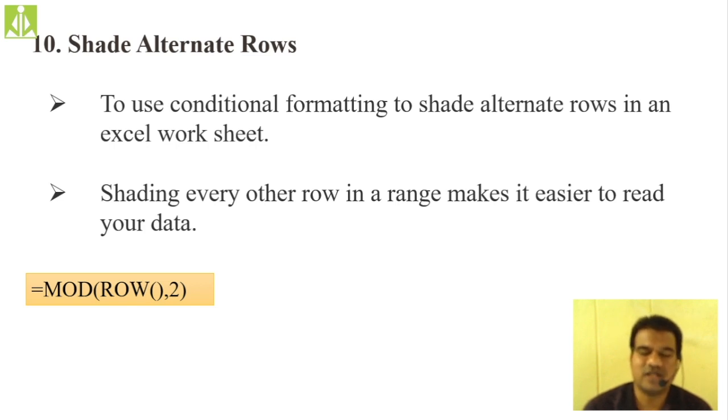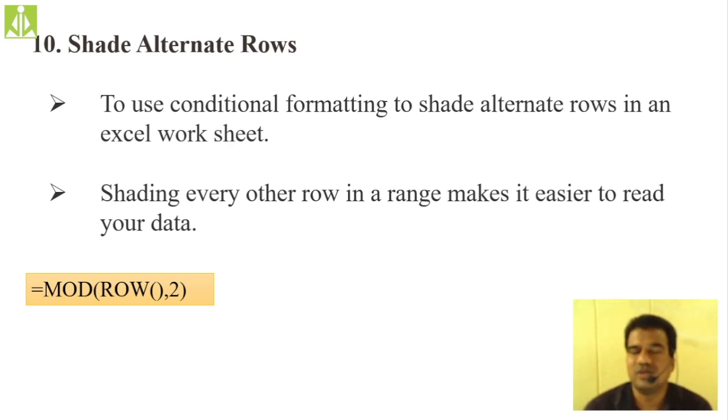So to avoid that, we are shading alternate rows, so as to make it easy for the end user to verify the data. To shade the alternate rows in our document, we have to use the MOD function along with the ROWS function: MOD of ROWS, 2.